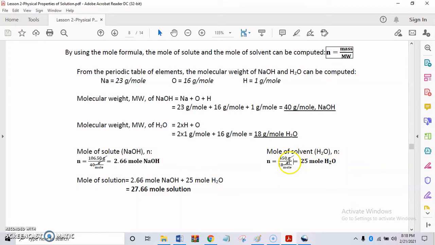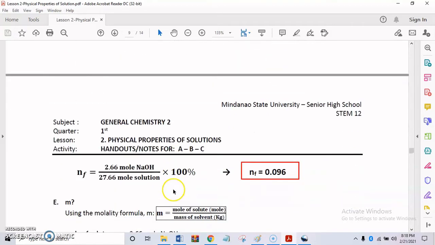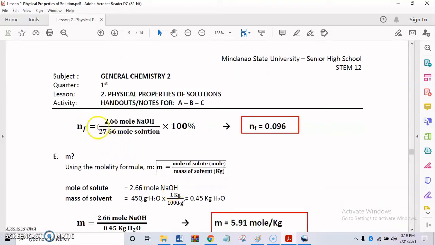So, cross out the grams, matitira sa'yo is mole. So, mole of solution is mole ng solute plus mole ng solvent, which is equals to 27.66 mole solution. So, the mole fraction is the mole of solute all over mole of solution, which is equals to 0.096.